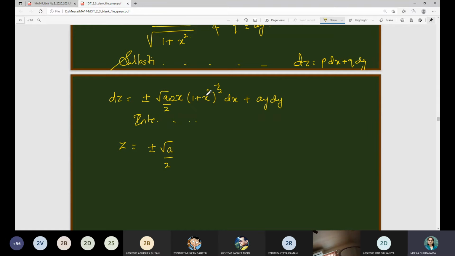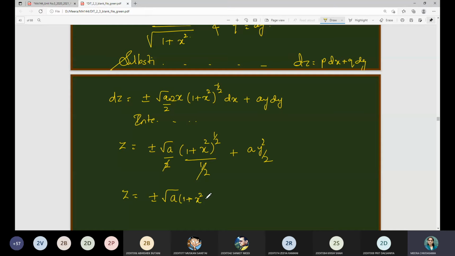So this one will be derivative and this is the power. So the integration will be nothing but 1 plus x square raised to 1 by 2 plus 1, minus 1 by 2 plus 1. So it is 1 by 2 upon 1 by 2 plus a y square by 2. Right? So this 2 and 2 gets cancelled. So z is equal to plus or minus square root of a into 1 plus x square. I will extend the square root. I forgot to write constant. That is the complete integral of the asked expression, right?